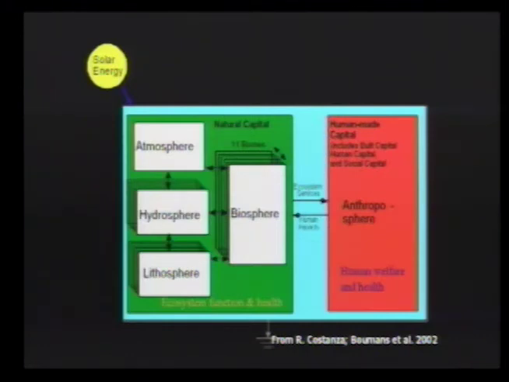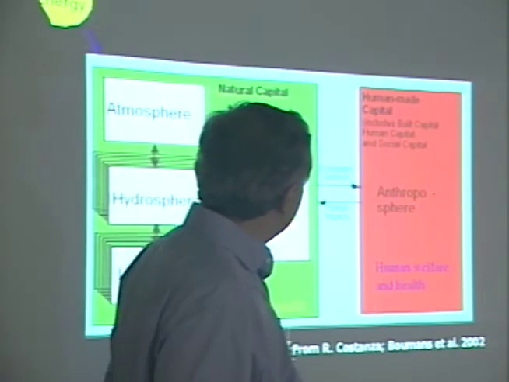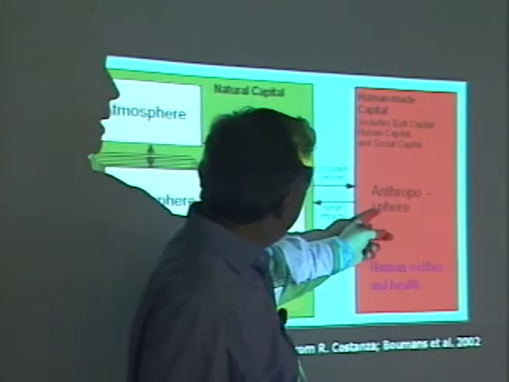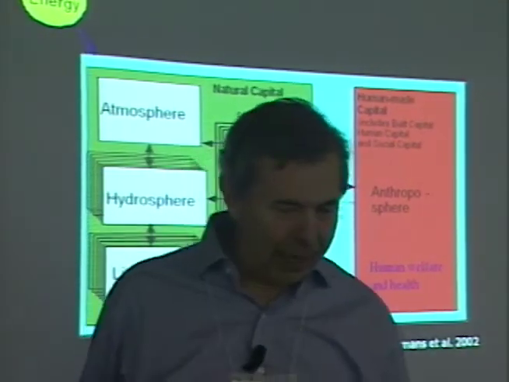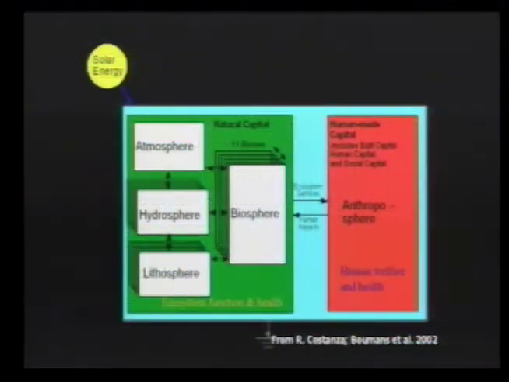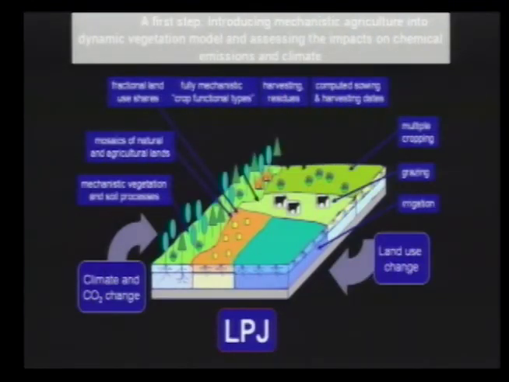It's not only the atmosphere, the biosphere, the ocean that is part of the Earth system. This is the natural capital, but you have the human-made capital here. It's what some people call the anthroposphere. The natural capital brings ecosystem services to the anthroposphere, but then the anthroposphere impacts the natural capital. And how do we do that? I think it's a very difficult issue.